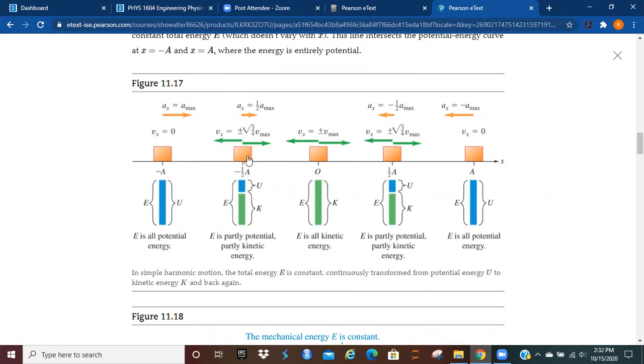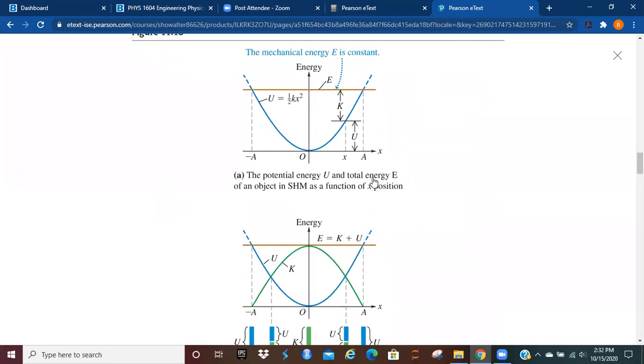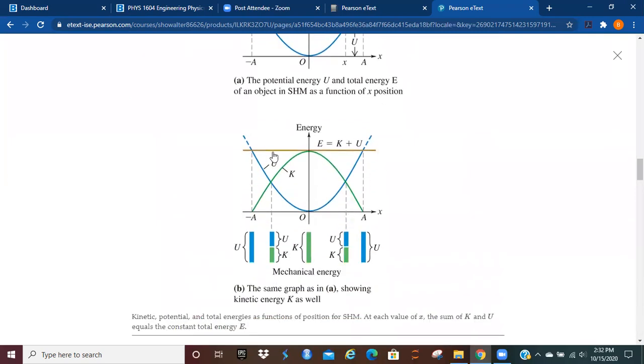You can see the velocity, depending on which way it's moving. And then when you get out to the maximum level here, everything is potential energy. The velocity is no longer moving, therefore everything is simply potential energy. If you combine all of those graphs into one here, you get the same thing as what we saw in the summary.